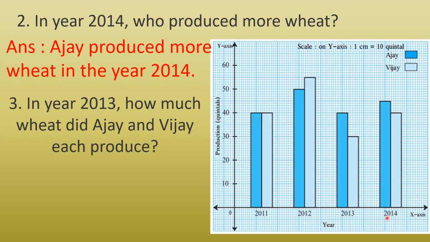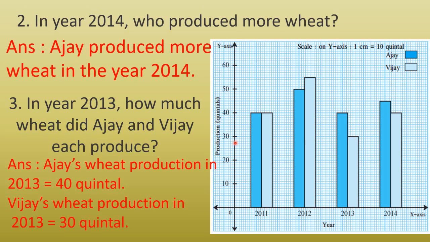Third question. In the year 2013, how much wheat did Ajay and Vijay produce? In the year 2013, you can see Ajay produced 40 quintals of wheat and Vijay produced 30 quintals of wheat.